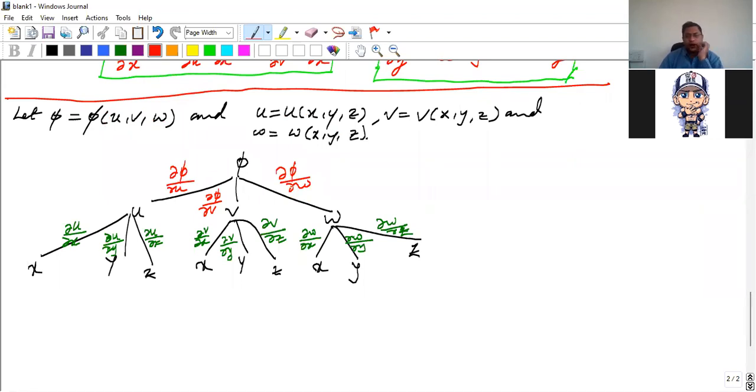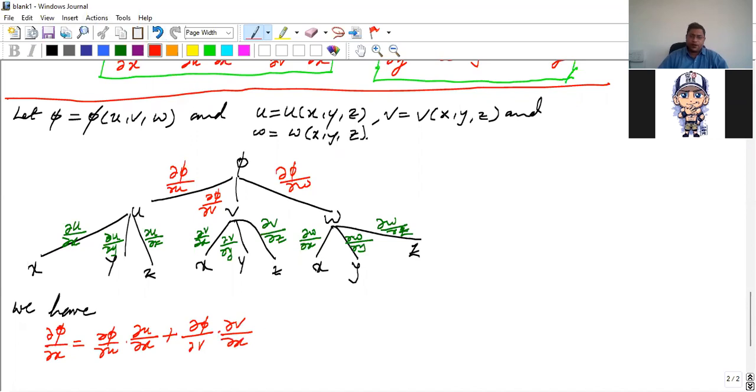Now, if we want the formula to differentiate phi with respect to x, y, and z, then what we can have is ∂phi/∂x equals ∂phi/∂u times ∂u/∂x, plus ∂phi/∂v times ∂v/∂x, plus ∂phi/∂w times ∂w/∂x. So this is going to be the first order partial derivative of phi with respect to x.